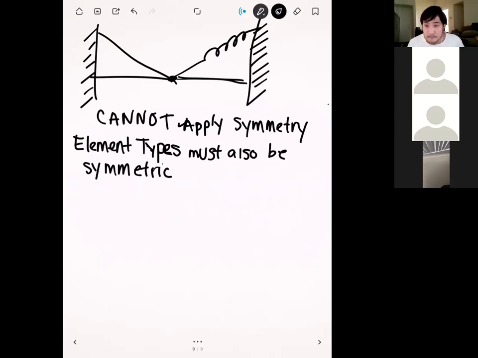Yeah. Right, so the question is, the stiffness matrix and E and A must also be the same on both sides. Yeah, so all the properties and everything have to be the same too.